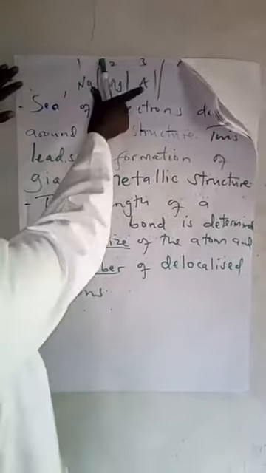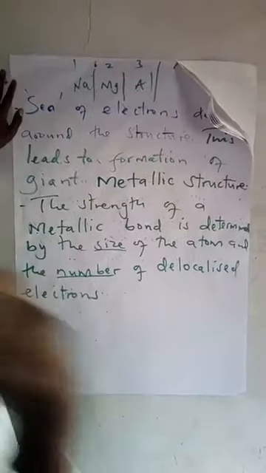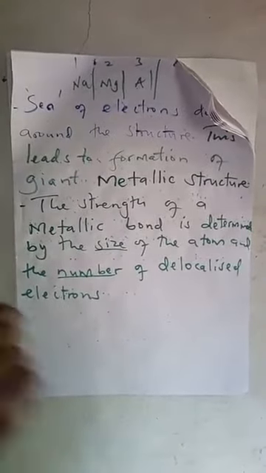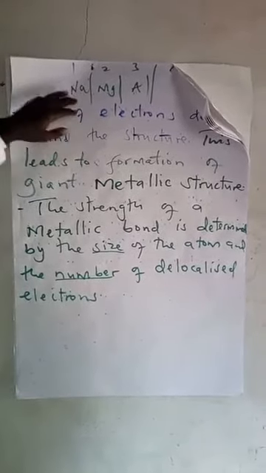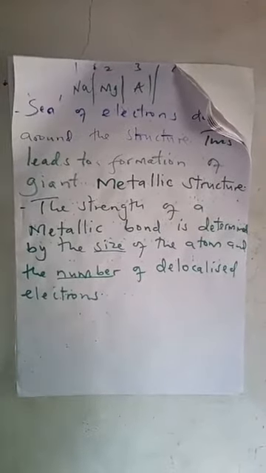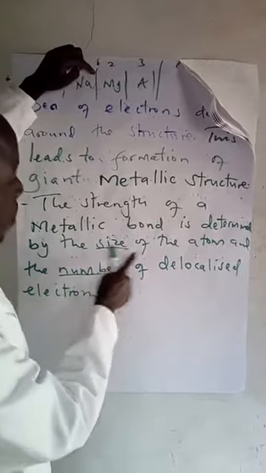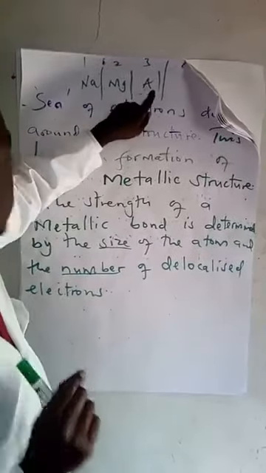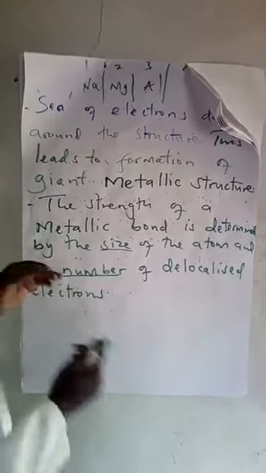So in this case, aluminium has a smaller size compared to sodium. The reason is the increase in nuclear charge across the period. So aluminium has the smallest size, followed by magnesium, followed by sodium.